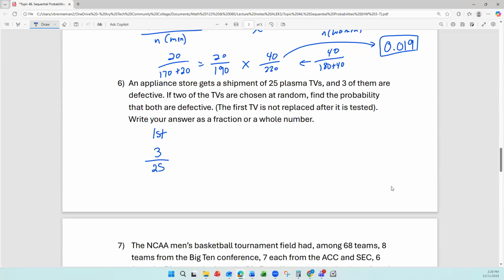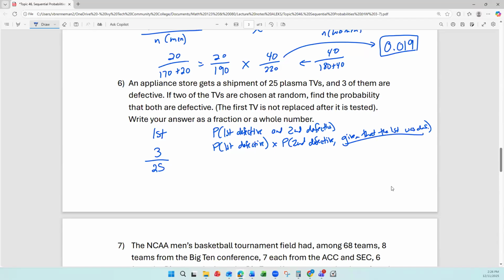So this is looking for the probability first is defective and second is defective. And what this is going to be is probability first defective times probability second is defective, given that the first was defective.